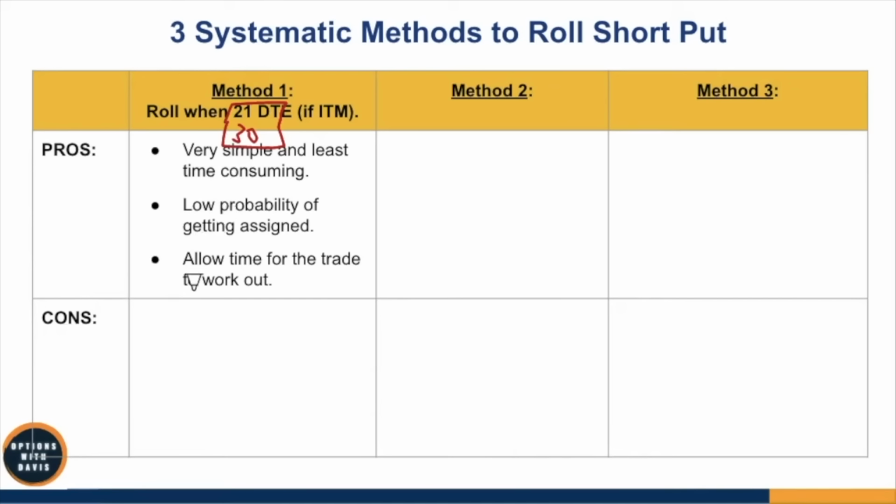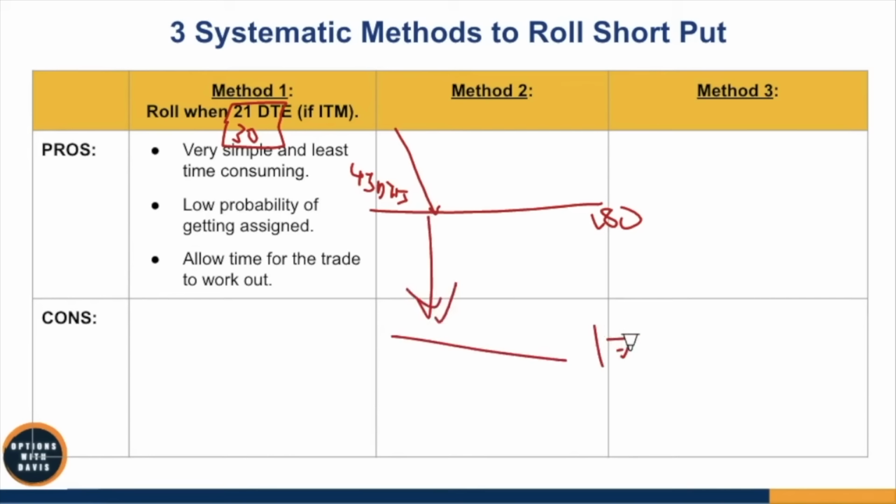And at the same time, you also allow time for the trade to work out. So for example, as I mentioned earlier, let's say you have a 45 DTE, and this is the strike price that you have, say again at 180. Now, if you decided to roll the moment it touched this strike price, it may touch it maybe in 3 days, then you're going to roll it down immediately, say to 170.